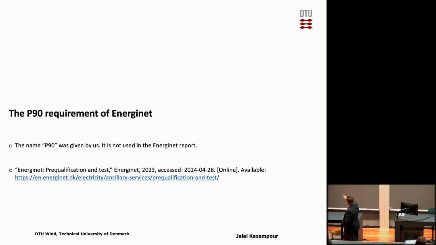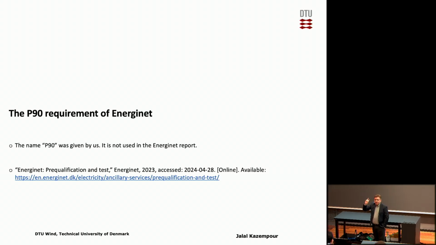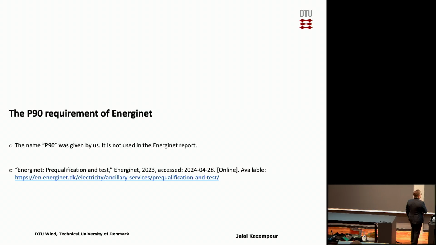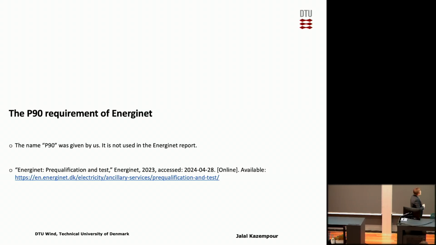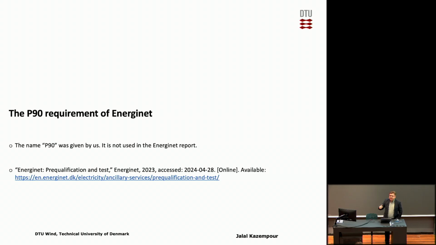If you want to read more about the P90 requirement, you can click on this Energinet report, you'll see the link here. It was published in 2024, but I think Energinet recently also revised it, so you can also find the revised versions.